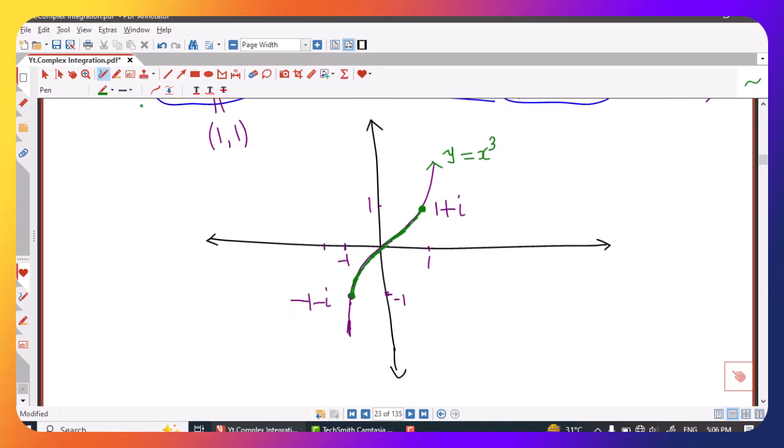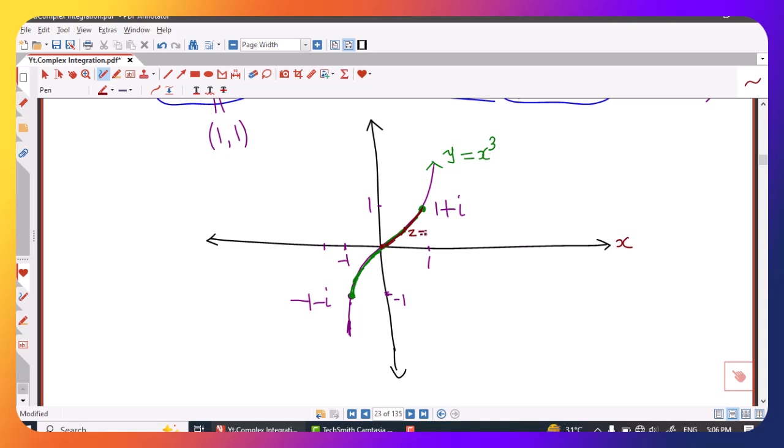Now if you observe, if we take any point in this part, say z, then it is above the x axis, therefore y will be greater than 0.